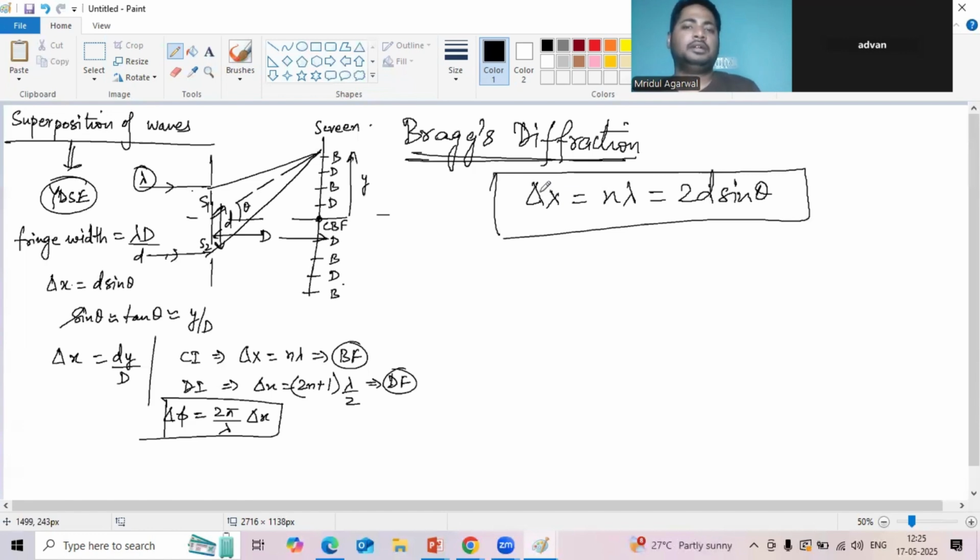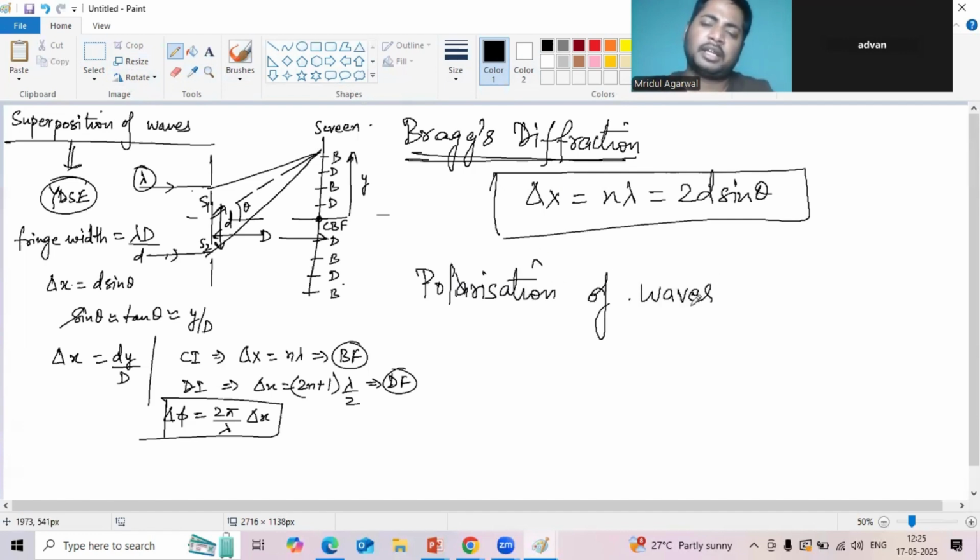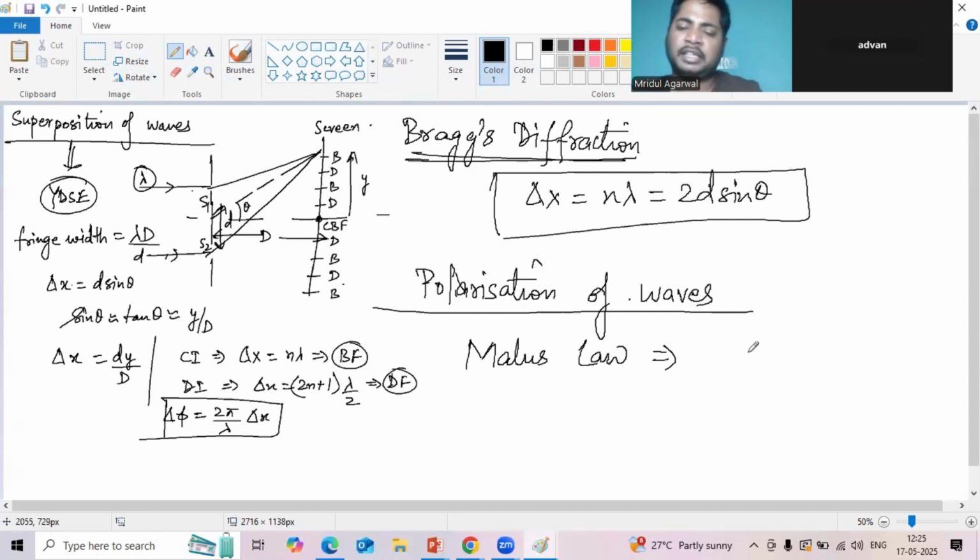Okay, so this is the thing, and one more thing is there, that is known as the polarization of the waves. Let us talk about this polarization as well. In the polarization of the waves, there is one law that is known as Malus law, which is followed. Suppose there is unpolarized light that is going to a slit at some angle, then the intensity will decrease.